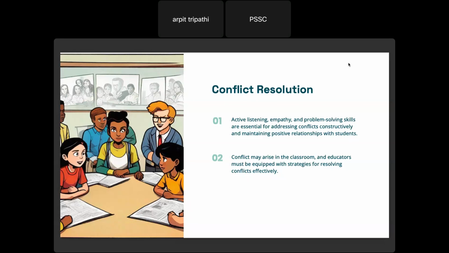Also, active listening, empathy, and problem solving skills are all essential for addressing conflict constructively and maintaining positive relationships with students. Also, conflict may arise in the classroom or in the family, and you as an educator must be equipped with strategies for resolving conflicts efficiently.